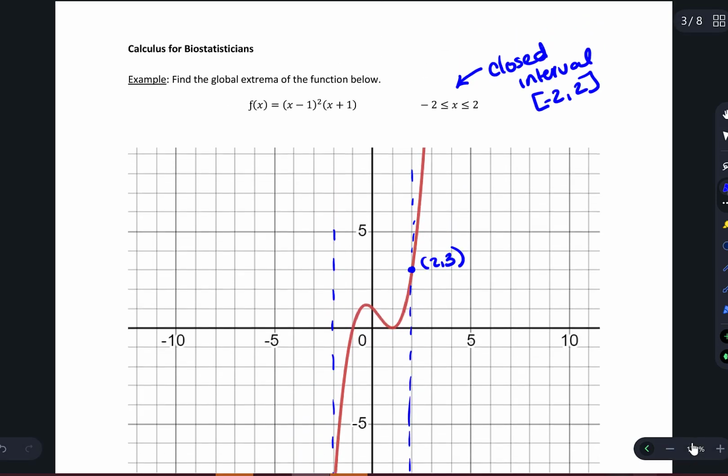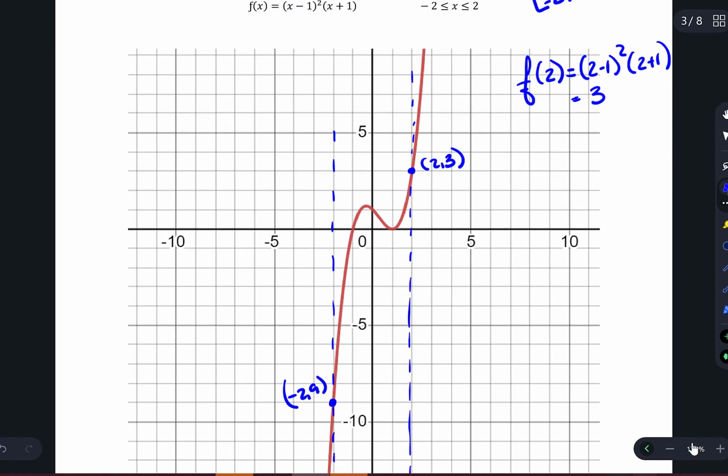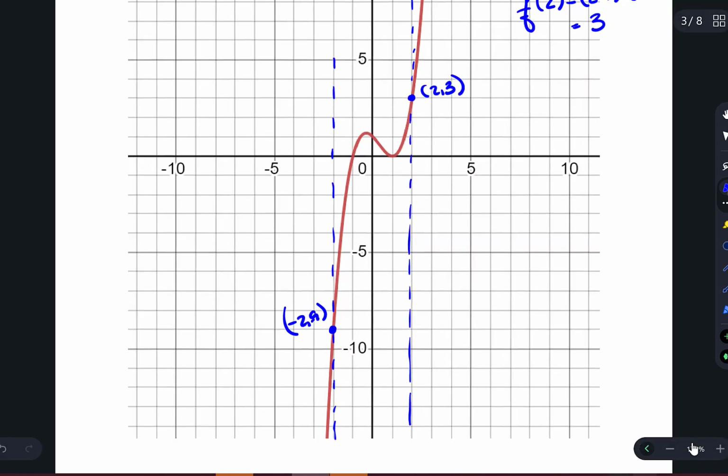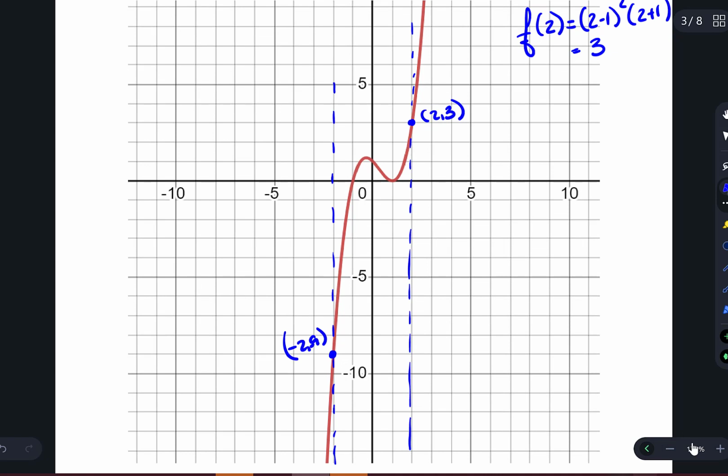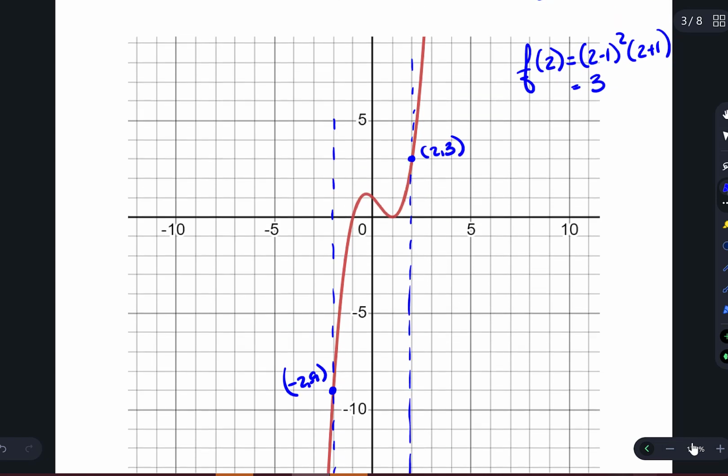But remember, we could always evaluate the function to find these points. So, for example, if we evaluated f at 2, we would get 2 minus 1 squared times 2 plus 1, which is equal to 3. And you could do the same thing to get the -9 here as well.